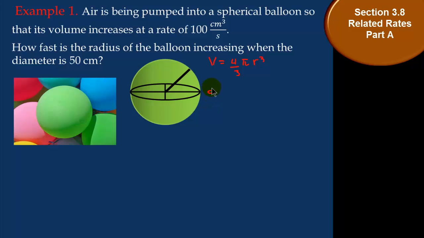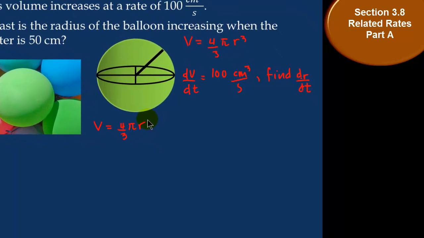So that tells us that dV by dt is equal to 100 cubic centimeters per second. And it says we are to find the rate at which the radius is increasing. So we are to find dr by dt. We begin with the equation of the volume that relates with the radius of the sphere, and it's 4/3 pi r cubed.